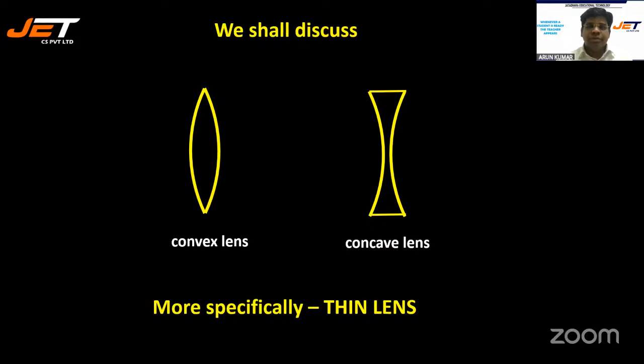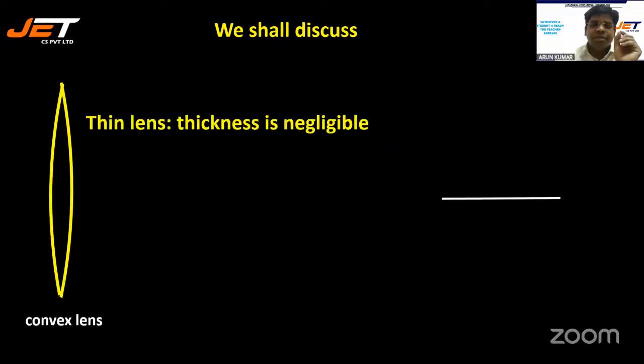So we are going to discuss thin lenses, students. In our syllabus there is thin lens, not thick lens. What is a thin lens? When you have got negligible thickness, it's called a thin lens, or more technically, when the radius of curvature of the surface is huge compared to the thickness of the lens, it's called a thin lens.